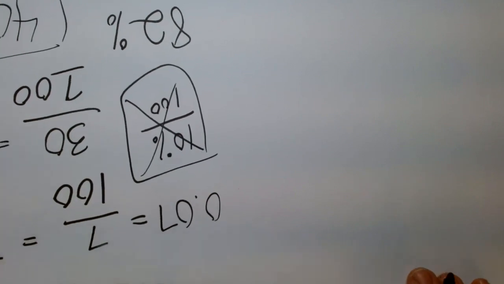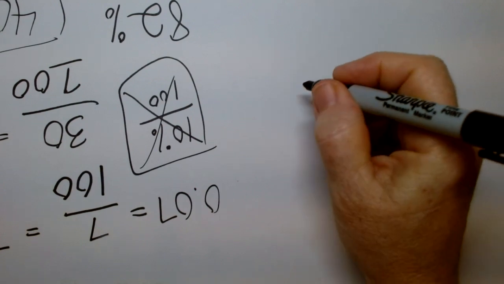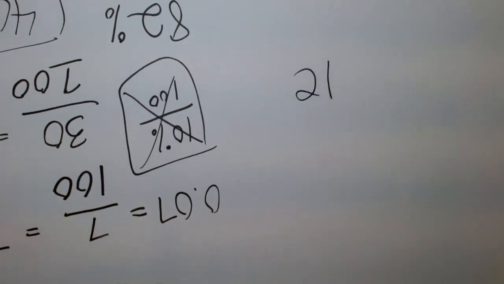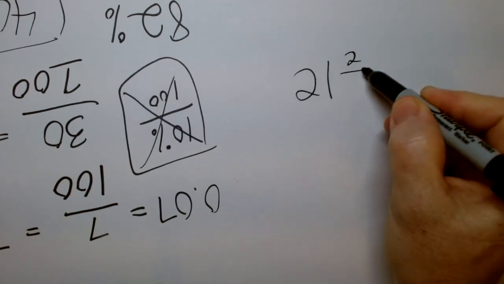Let's flip this around. Lisa's credit card has an interest rate of 21 2/10%. Whoa, what did I just say? 21 2/10%. So you have a choice.